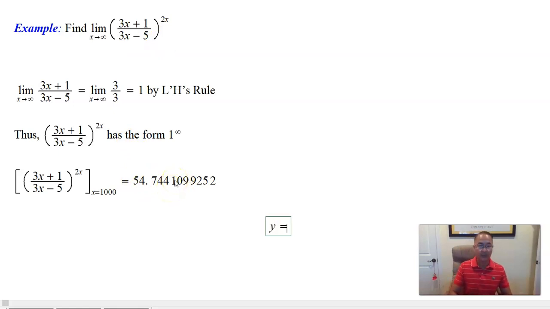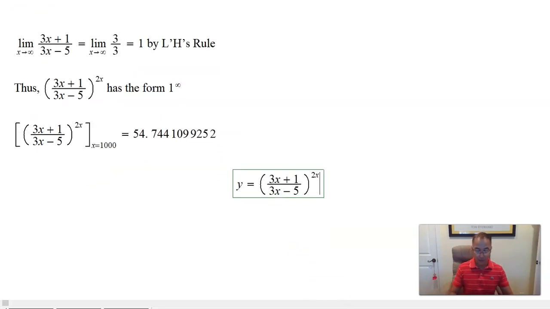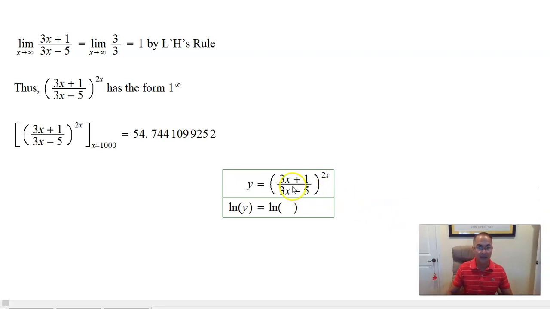The suggestion was to give this expression a name. Let's call it y, and then we'll take the ln of both sides. So ln of y is ln of this exponential expression.